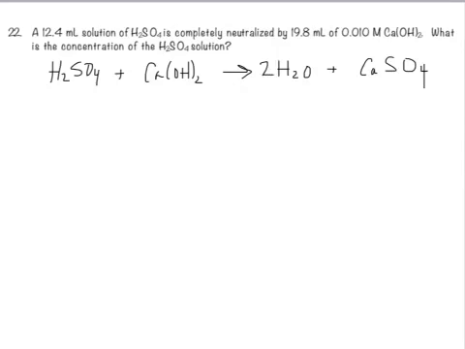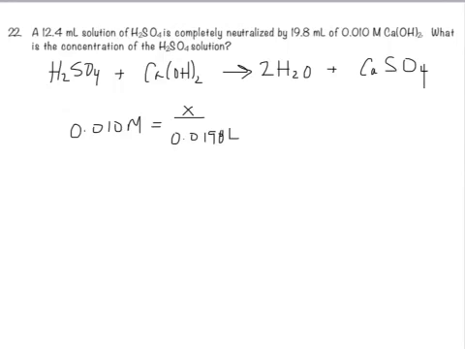All right. So once again, let's start just as we had with the other problems. We need to find the moles of the calcium hydroxide because we know the molarity and the volume. So we have 0.010 molar calcium hydroxide. We do not know the moles, but I know the volume is 19.8 mils, so if I move the decimal 3 places to the left, you get 0.0198 liters.